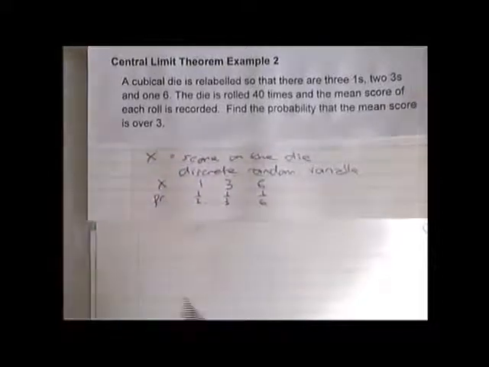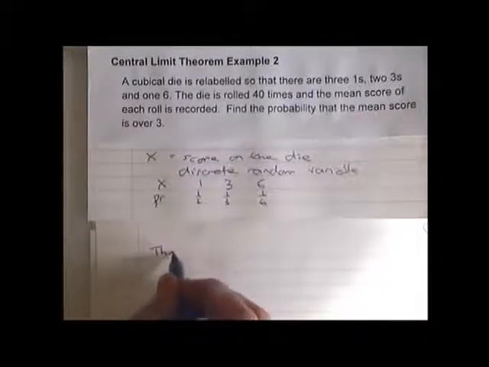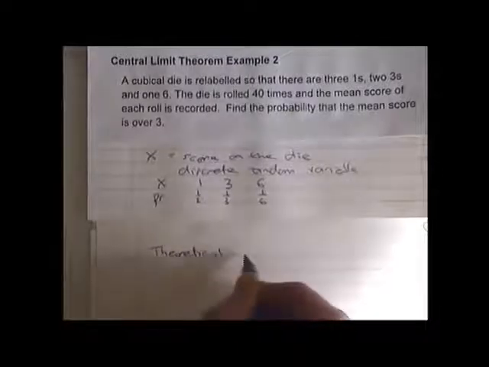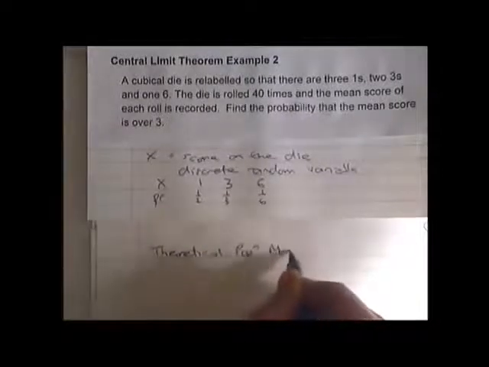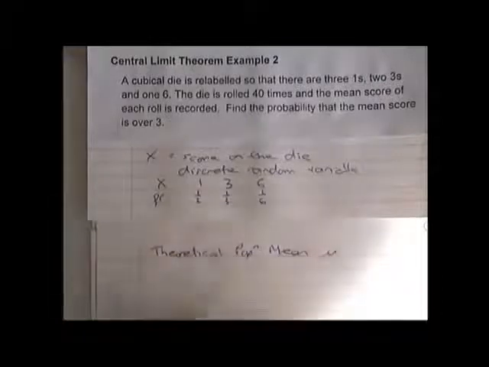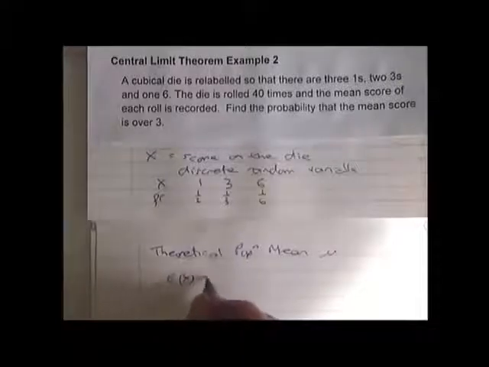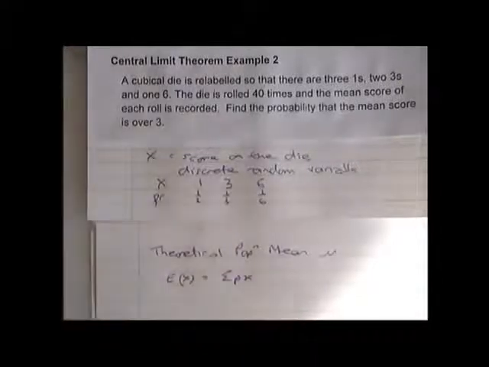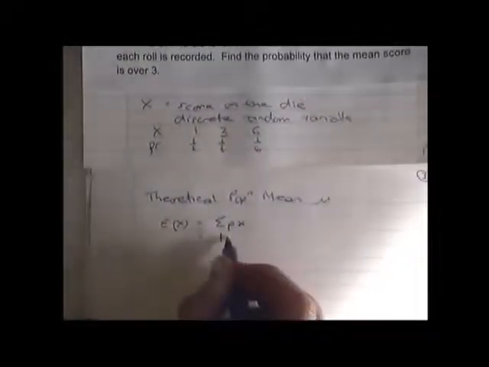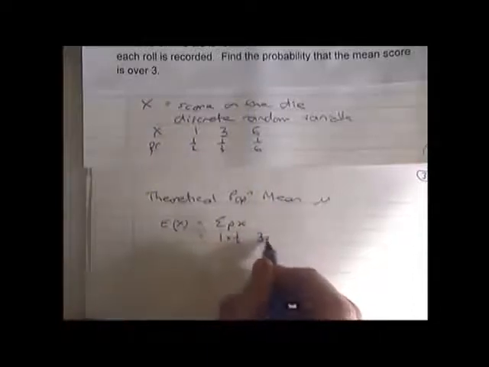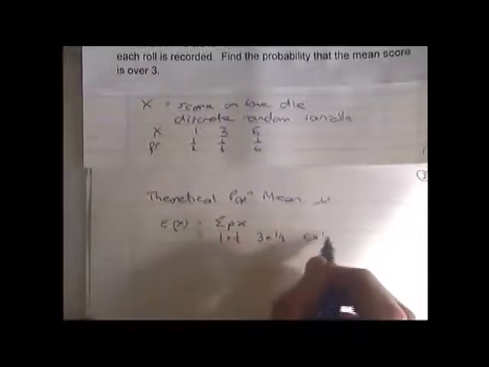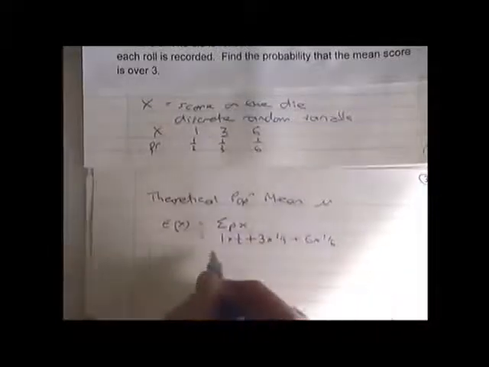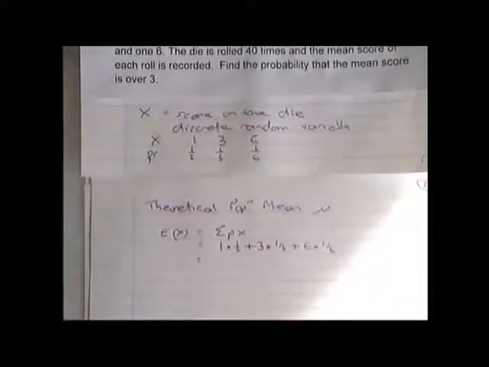So from there, how can I work out the theoretical, or in other words, the population mean? How can I work out mu? Yeah, you are quoting the formula for the expected value of x is sigma p x for a discrete random variable. That's correct. So if I do 1 times a half, 3 times a third, and 6 times 1/6, and add those up, I will get the expected value of x, which is the theoretical mean.